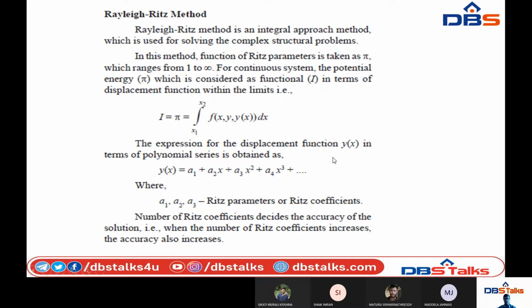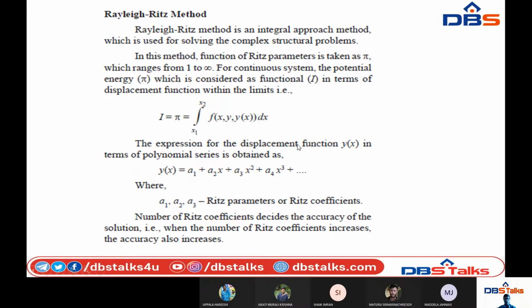For the Rayleigh-Ritz method, the expression is I equal to pi. Pi is the Ritz parameter in the Rayleigh-Ritz method, equal to the integral from x1 to x2 of f of x, y of x, dx. Here y of x is a displacement function.